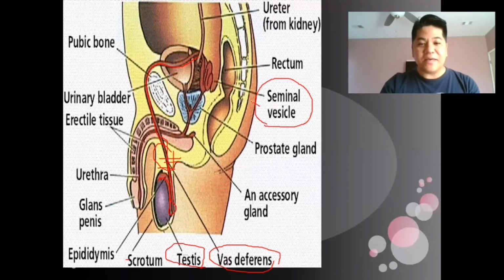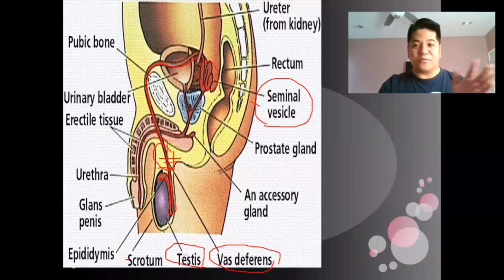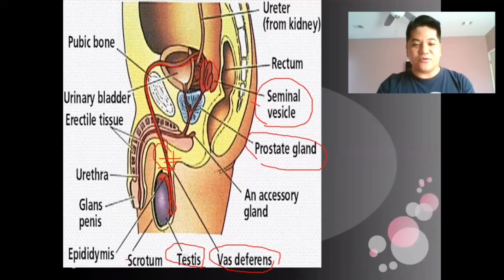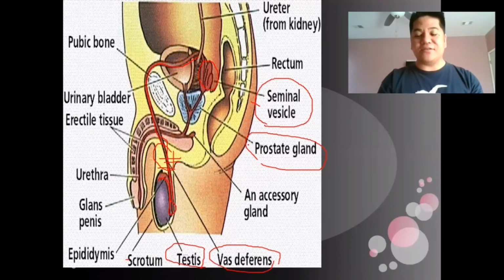So this seminal vesicle is an additional structure that helps to propel your sperm cell. Another additional structure is a chestnut-shaped structure called the prostate gland, which is responsible for additional nourishment, same as your seminal vesicle. It gives additional energy for your sperm cell to go through the process of ejaculation.